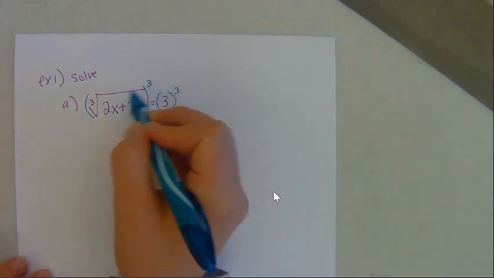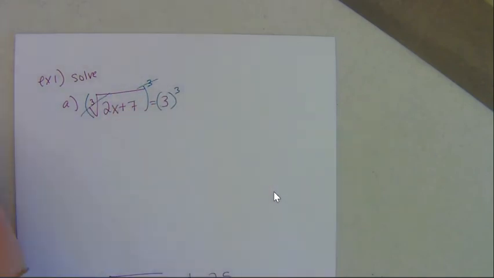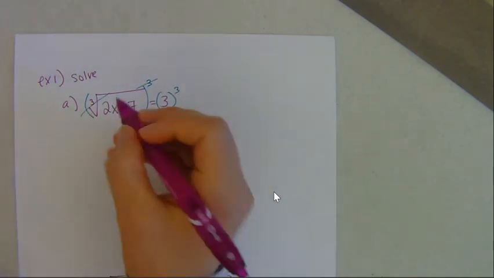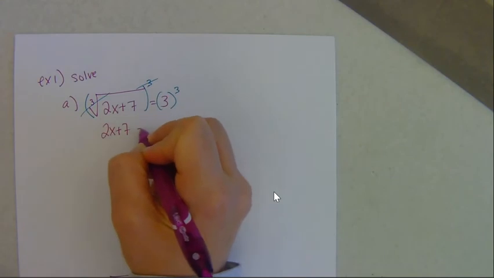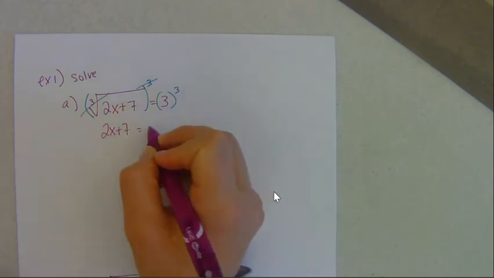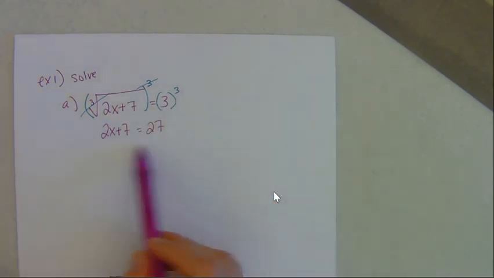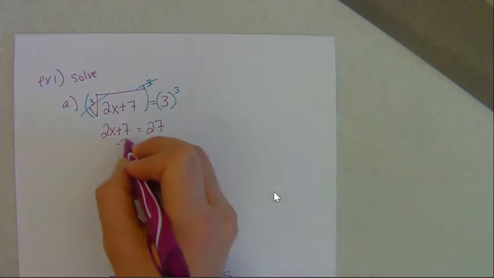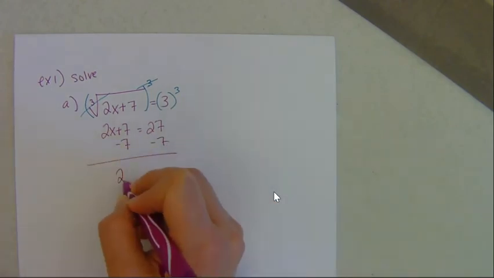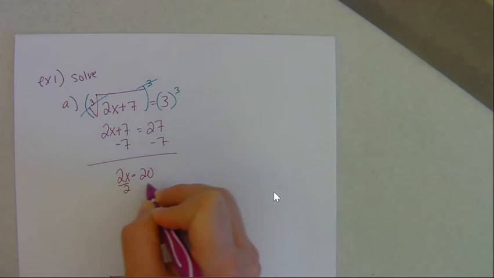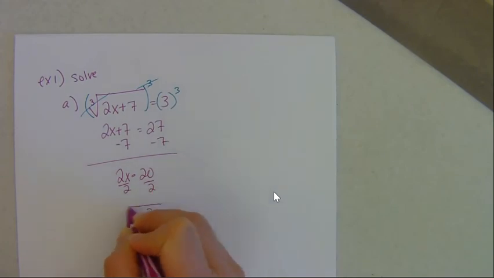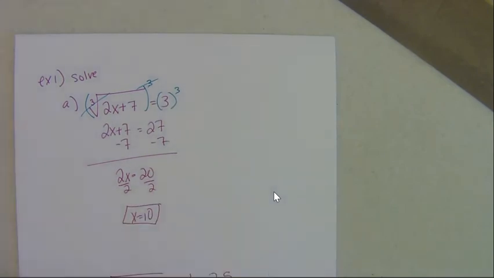A third power and a third root undo each other, and now I'm left with just 2x plus 7. And 3 to the third power is 27. So now I have this simple equation to solve. I subtract 7 from each side, and then I can divide by 2, and I can see that x is 10.